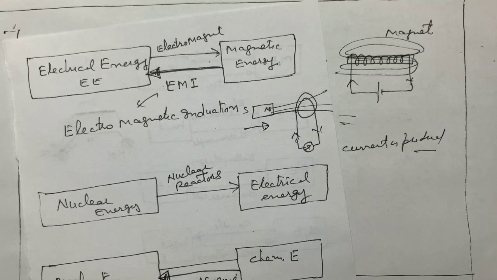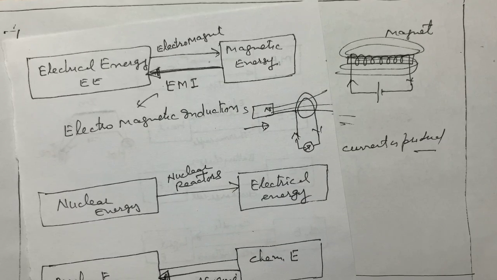So these are the various types of energies, and discussing the law of conservation of energy, we can convert one type of energy into another type of energy. It is also noted that energy is a scalar quantity.